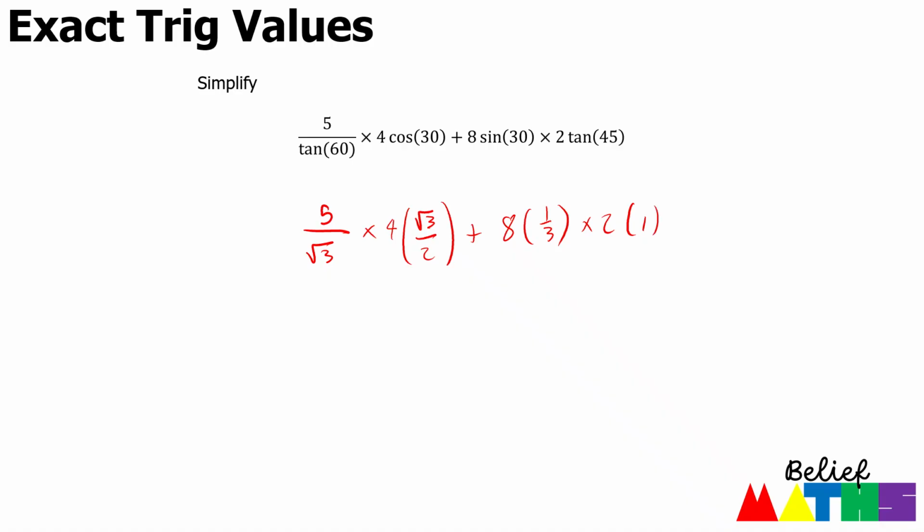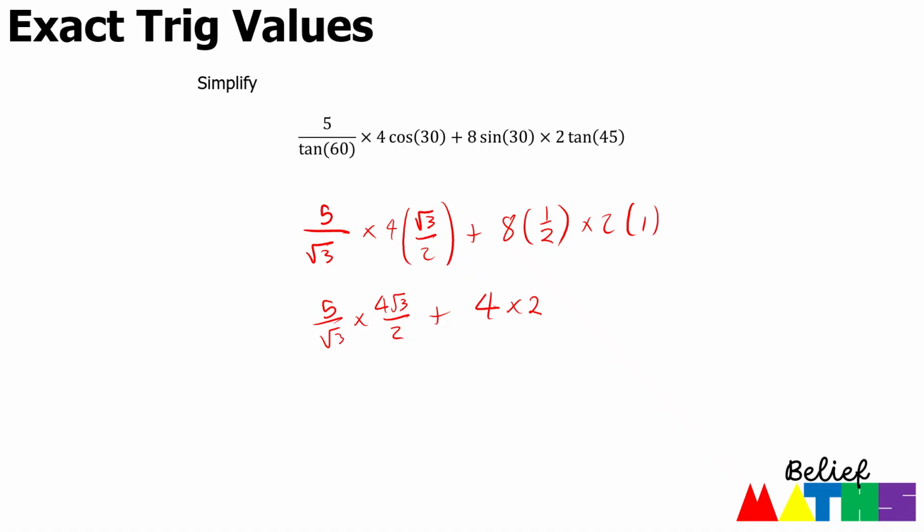Now, if we multiply these together, we end up with 5 over root 3 times, I'm going to expand the 4 in first, 4 root 3 over 2, plus, on the other side, sorry, that should be not 1 over 3, I did say a half but I wrote a third, so apologies for that. It should be 8 times a half, which is then 4 times 2.